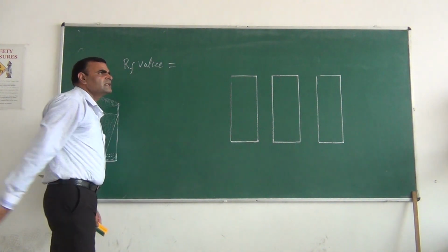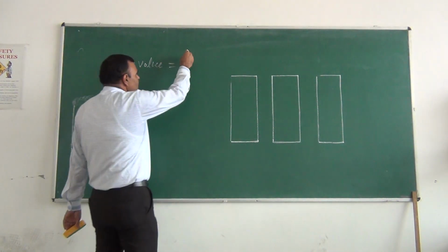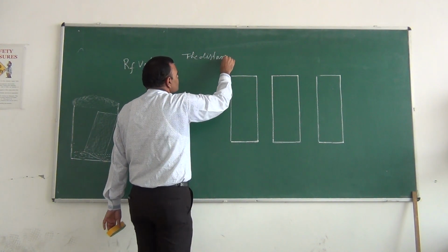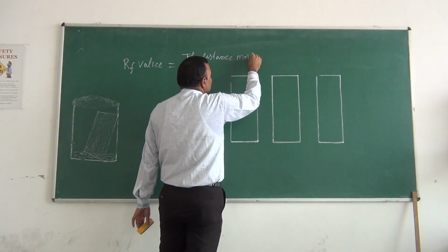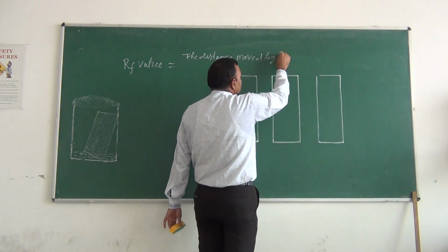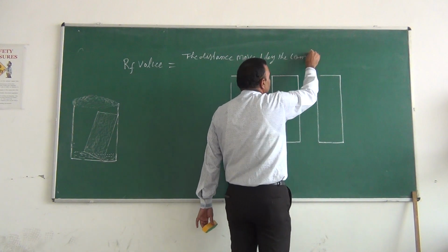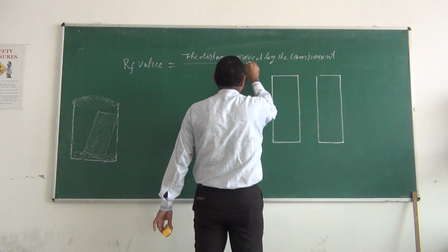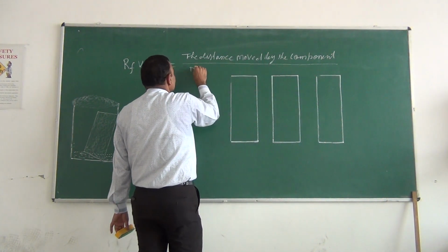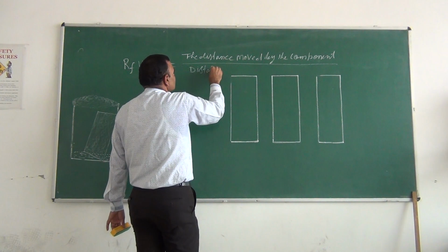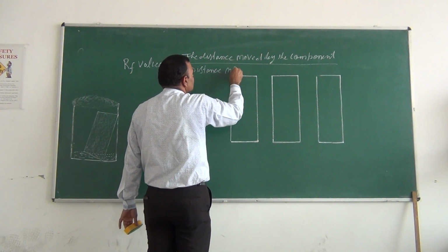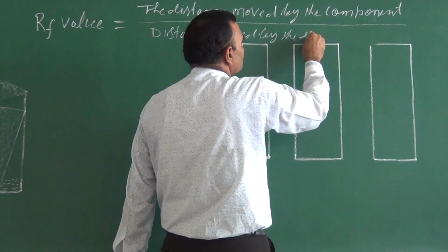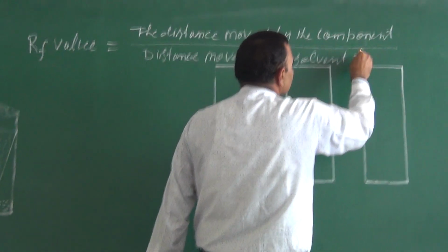RF value is defined as the distance moved by the component divided by the distance moved by the solvent front.